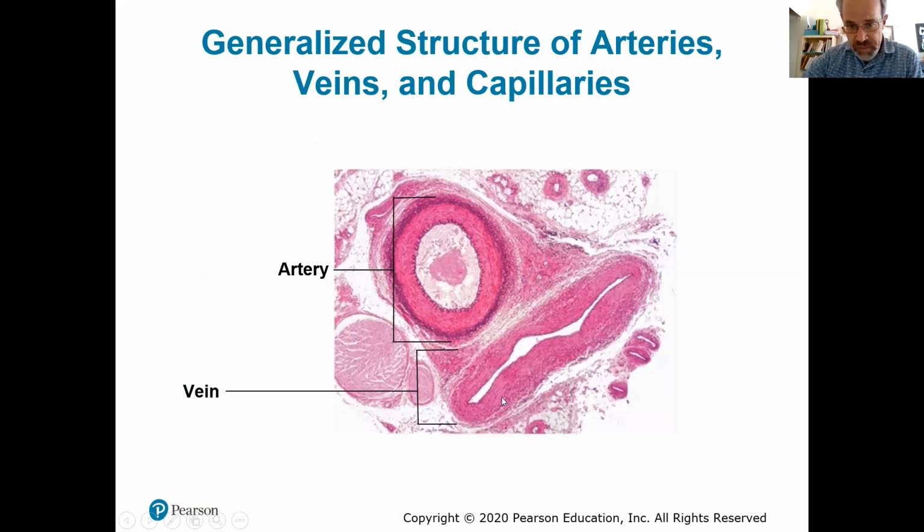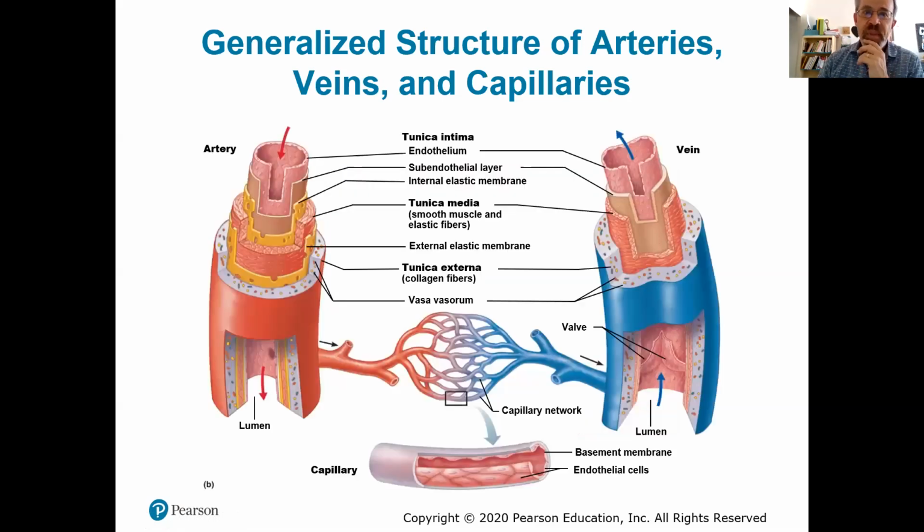The vein is in a collapsed state. One of the reasons for this, and we'll see shortly, is that it has a very small smooth muscle layer. So we don't have that musculature, as well as elastic fibers that we'll see shortly, that keeps the blood vessel open.